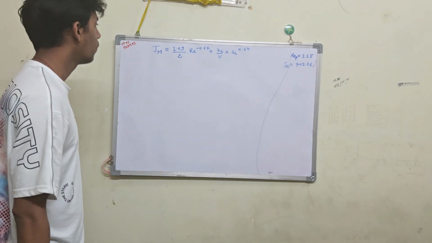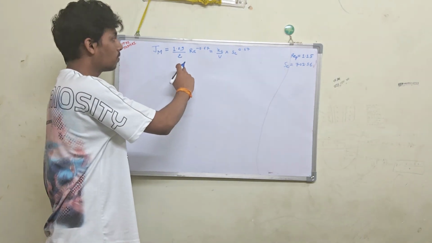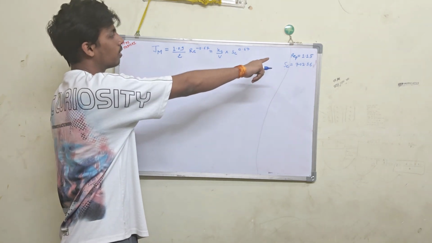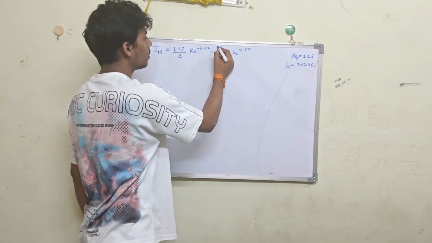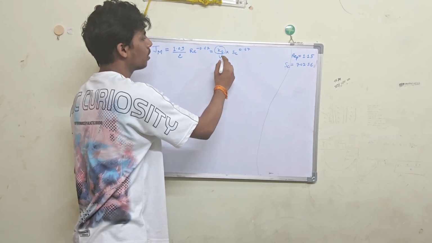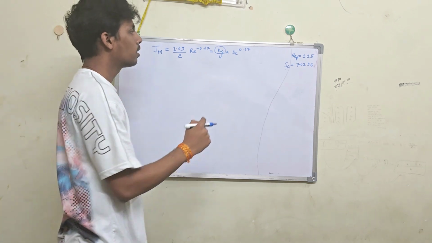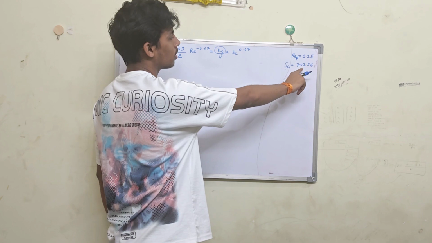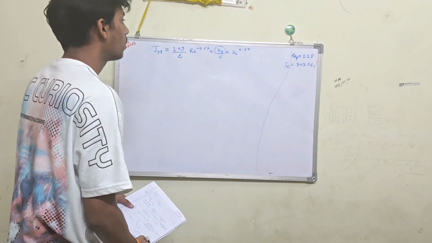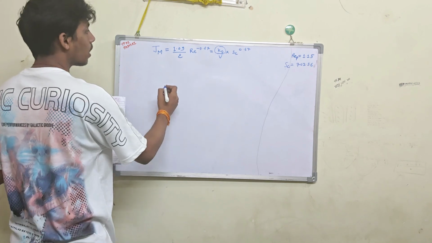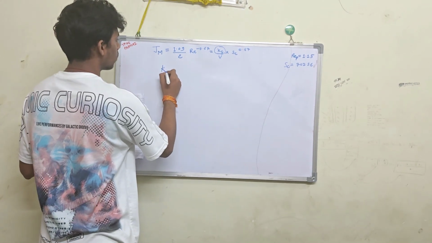Now in here we know all the values. Void fraction we know, Reynolds number we just calculated 1.15. This Kc is unknown, which we have to find out. Velocity we have calculated, volumetric flow rate divided by cross sectional area. Schmidt number value is 702.56. So without a delay, let's calculate the Kc value.